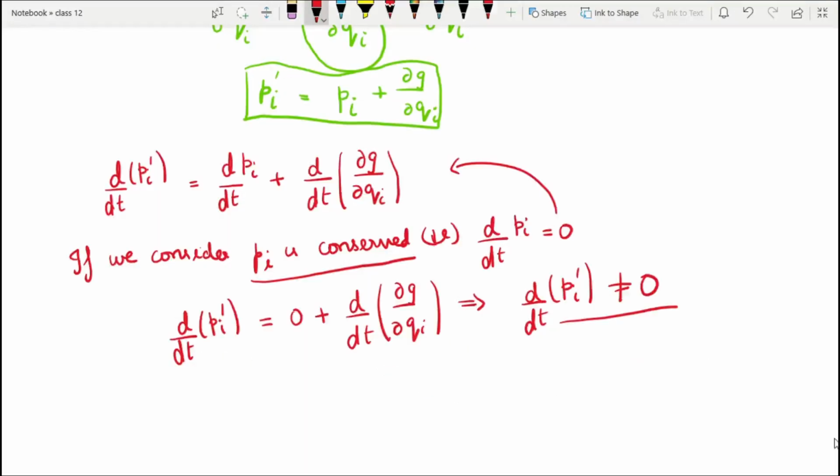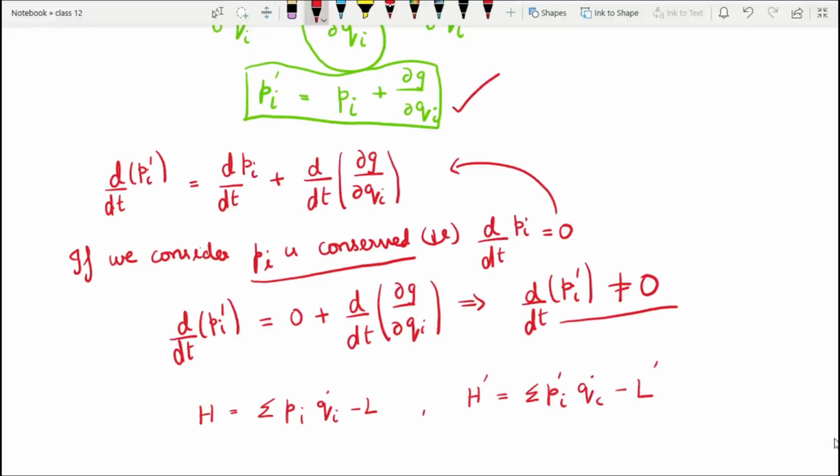Next we will see whether the fourth option is a correct one or not. So we know that the Hamiltonian H is given by H is equal to summation pi qi dot minus L. In a similar way, the new Hamiltonian H prime will be summation pi prime qi dot minus L prime. Now we have found the value of pi prime here, and we will substitute it here, and also the value of L prime.